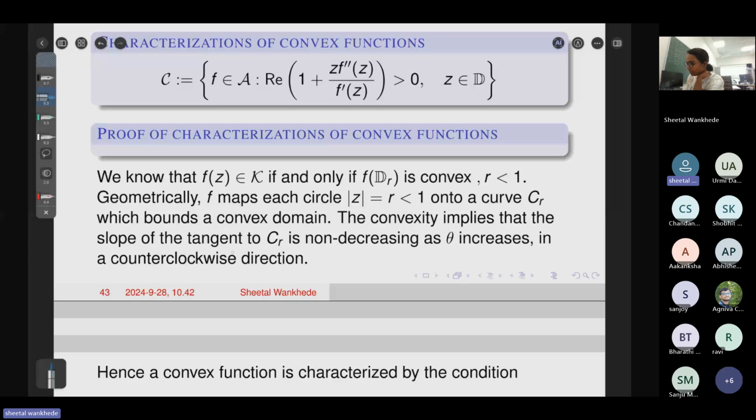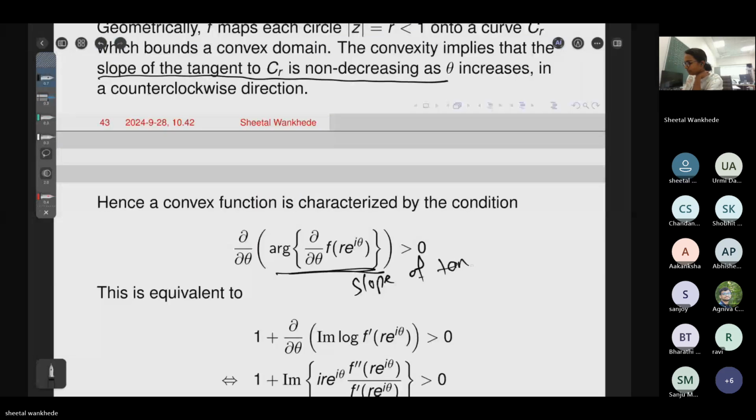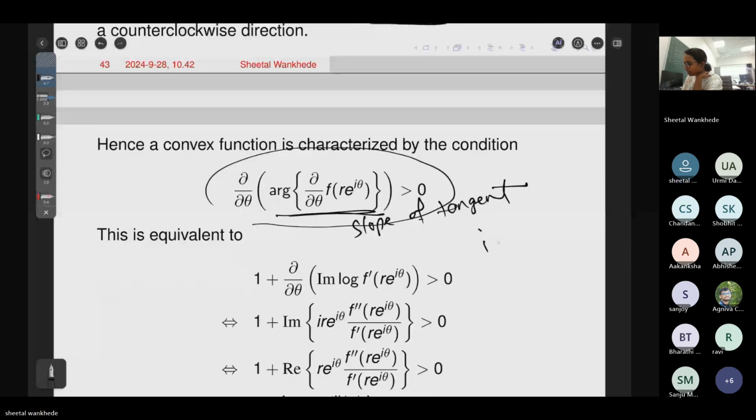So that means what? This denotes the slope of the tangent. To show this slope is increasing, the derivative of this quantity with respect to theta should be greater than 0. First we take the derivative of this function, which is i r e to the power i theta f dash of r e to the power i theta.